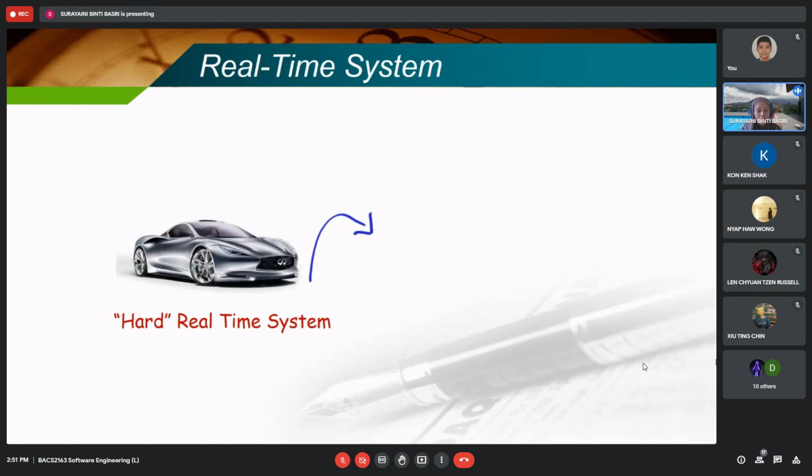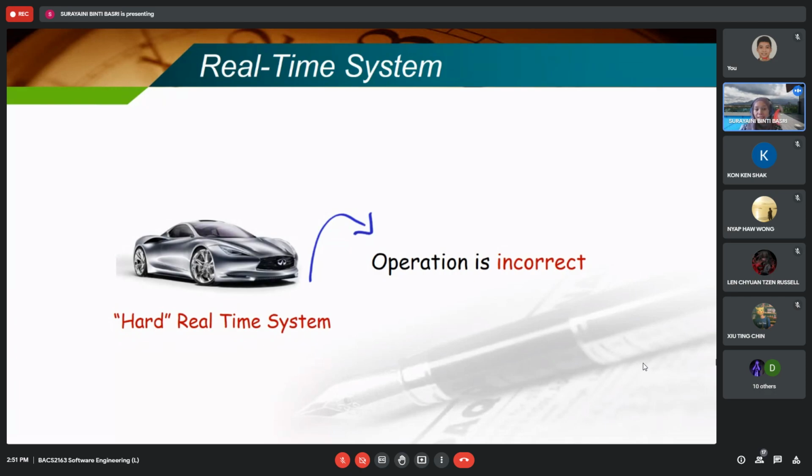The other type of real-time system is the hard real-time system. It is the real-time system where its operation will become incorrect or error.